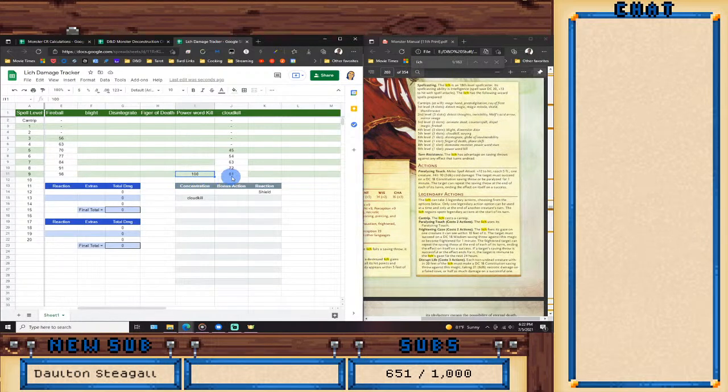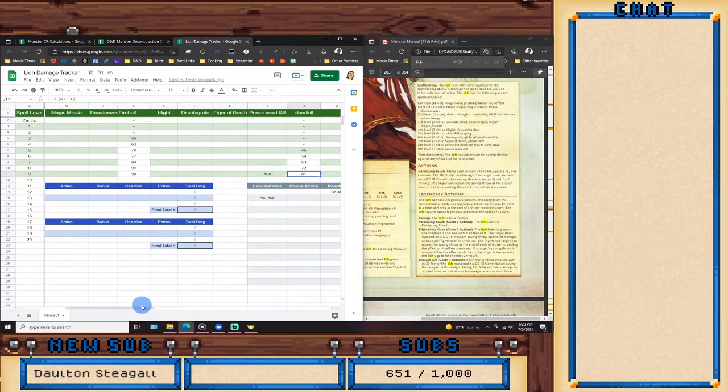More than likely, I would probably suggest using the Cloud Kill at spell level 9 to get that 81 points of damage, and then hopefully keep it going for a couple times. All right, what else could we do? Finger of Death. Let's take a look at Finger of Death, and I may have a different rating when I get to my shorts, because I'm trying to get through this stuff as fast as I can.